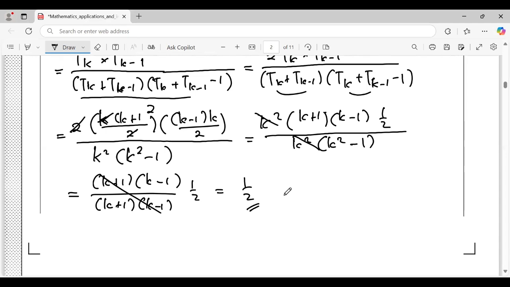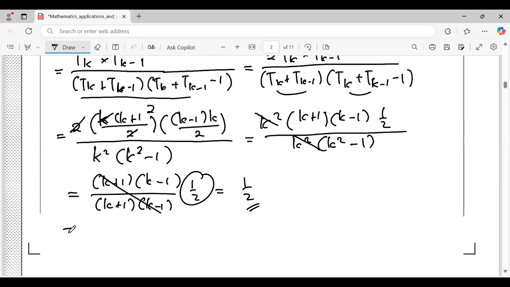So based on this result, the probability does not depend on the value of k. So there is no k here. The solution is 1/2.